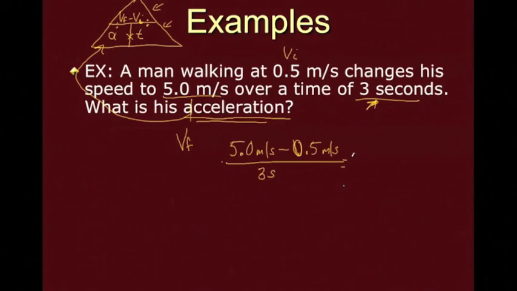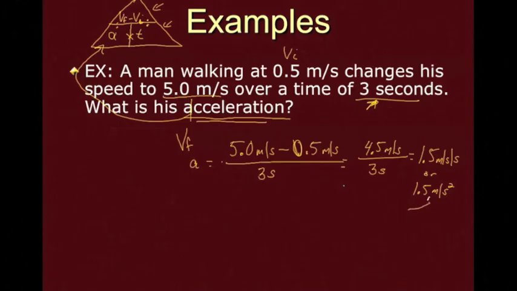When we calculate this out, you have 5.0 meters per second minus 0.5 meters per second, which equals 4.5 meters per second, divided by 3 seconds. So the acceleration is equal to 4.5 meters per second divided by 3 seconds, which is 1.5 meters per second every second. Or we can say it another way, 1.5 meters per second squared.